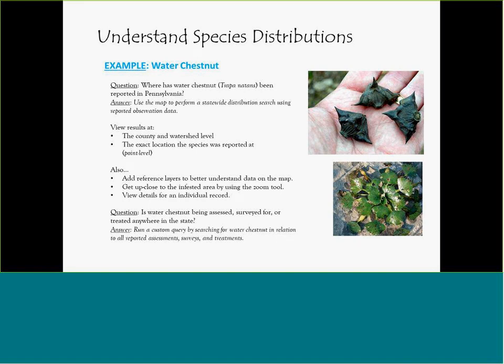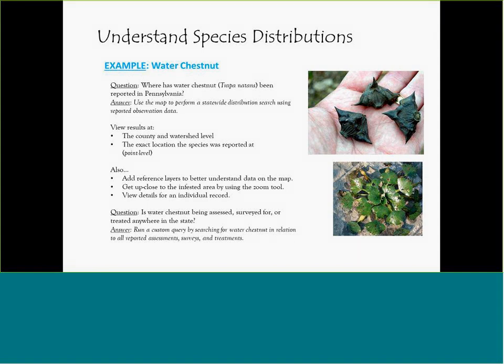In addition to looking at observation data on the map, you can also look for information that might be documented if water chestnut had been assessed in an assessment record, if it had been sprayed for, or if it's been treated anywhere. So don't forget, those other management records are also going to be potentially important depending on your purposes and what you'd like to know.